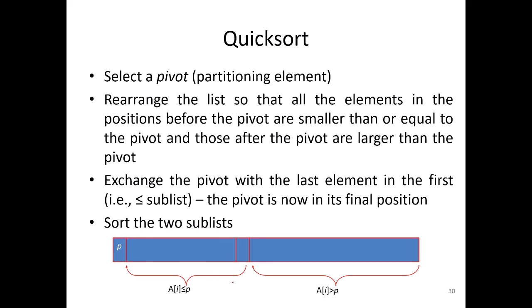After completing the pass, we take this sublist and apply quicksort again, and we take the remaining sublist and apply quicksort again. In this sublist we need to select one pivot element, in this list also we need to select a pivot element, and it continues.